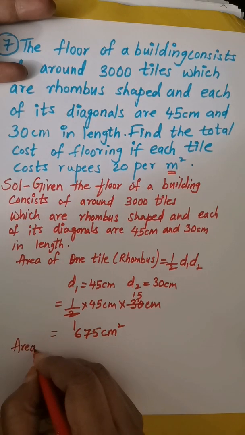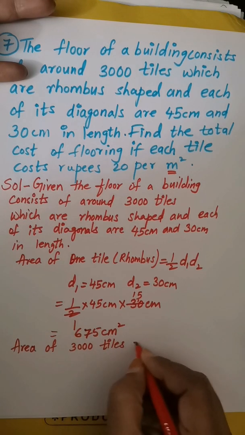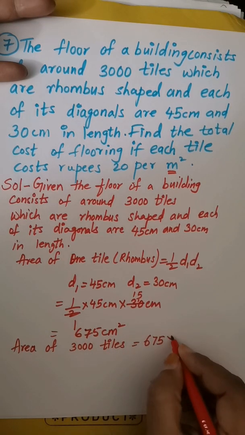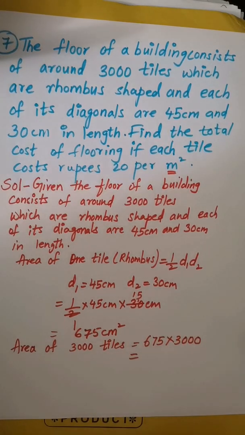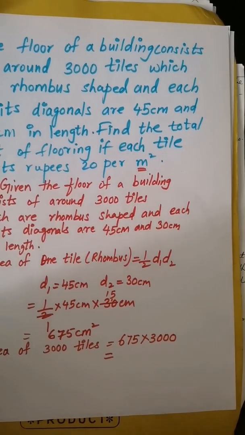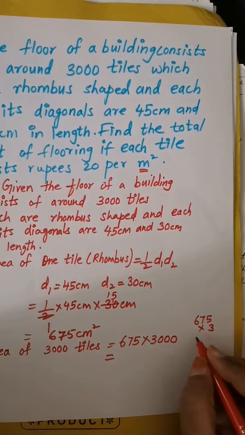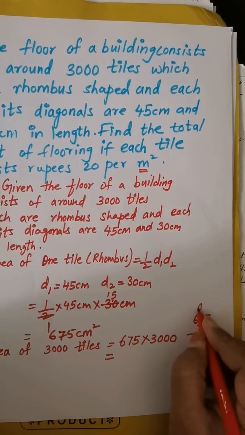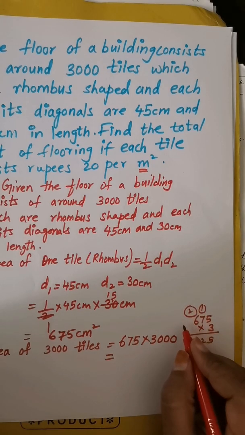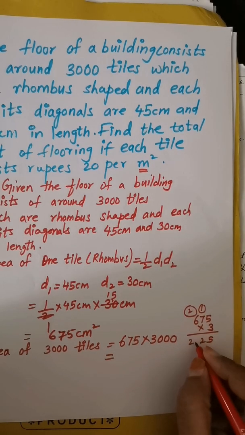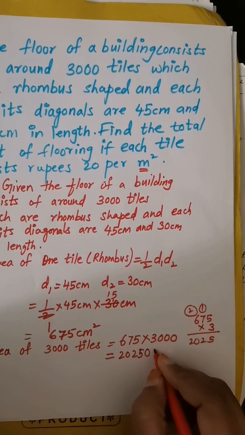There are 3000 tiles. So area of 3000 tiles will be 675 into 3000. So just multiply 675 into 3. 3 5s are 15, 3 7s are 21, 22, 3 6s are 18, 19, 20. 2025 with 3 zeros.